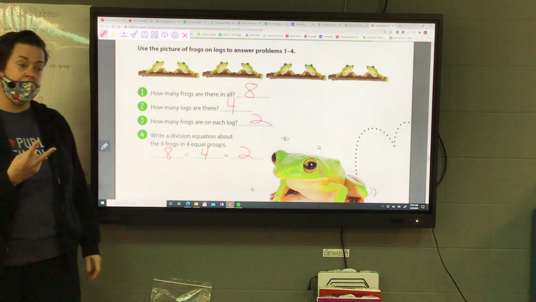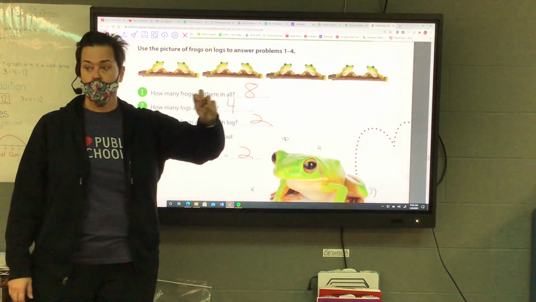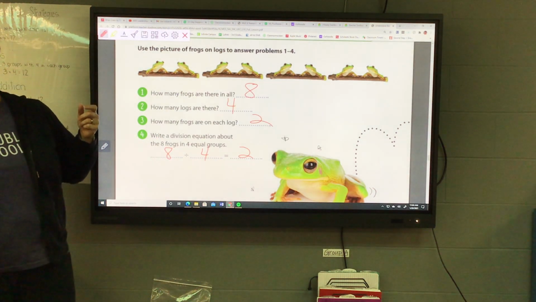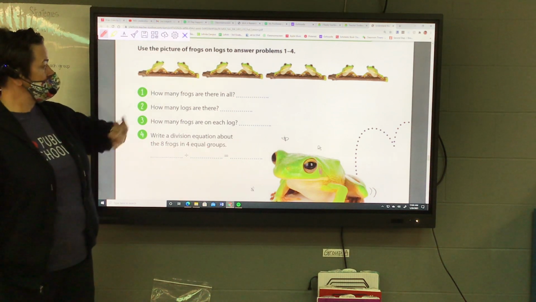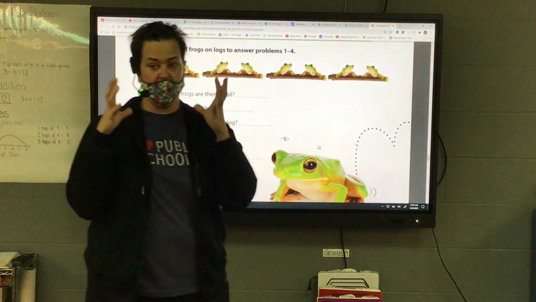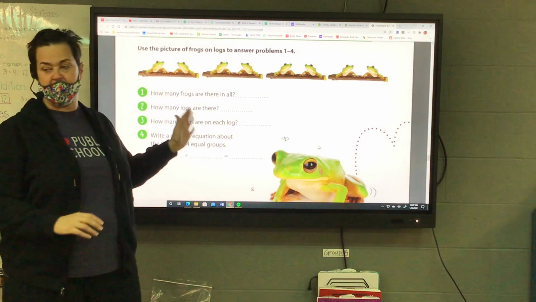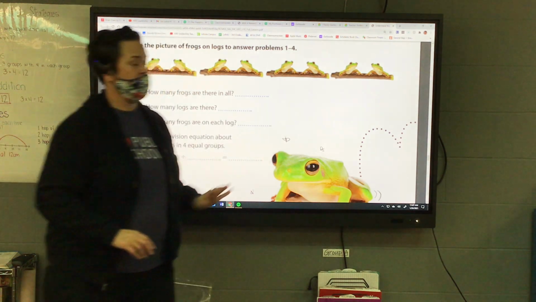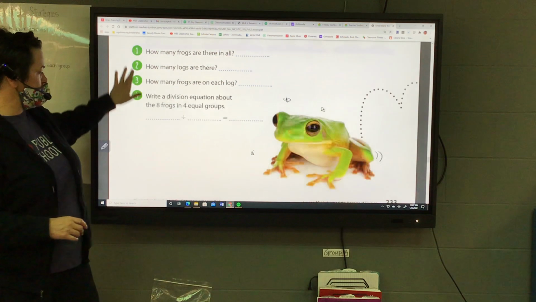And the 2 tells us 2 frogs on each group. 2 in each group. Amy, you going to join us? All right. The more we talk about it, does that make sense? Yeah. The big number is how many there are in all. The 4 in this case told us how many equal groups there are. And then there are 2 in each group.